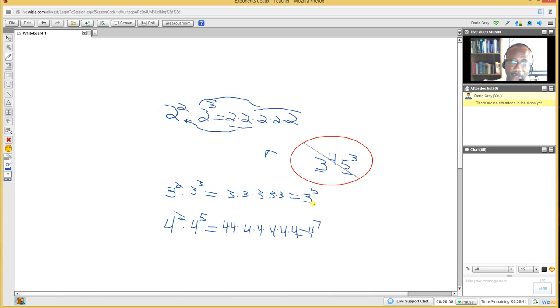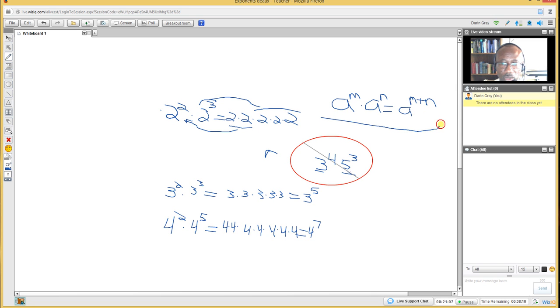So now we have another rule. A rule that says, and let's use our handy dandy a raised to some power, m, doesn't matter, m is just a number, times a raised to another power, n, equals a to the m plus n.